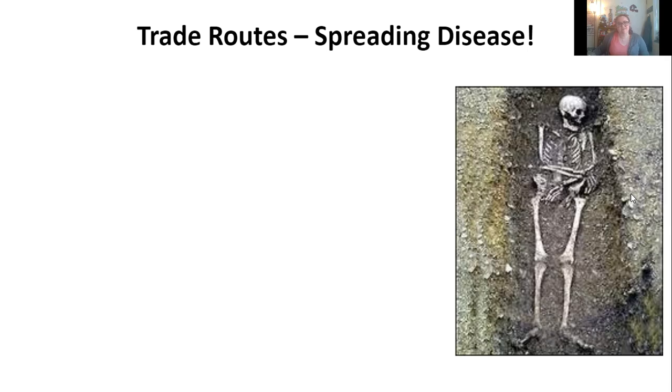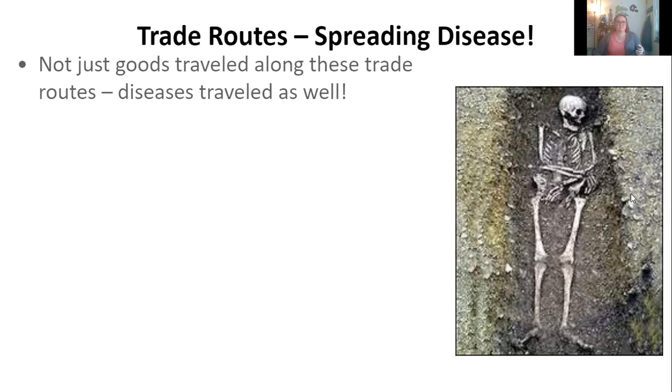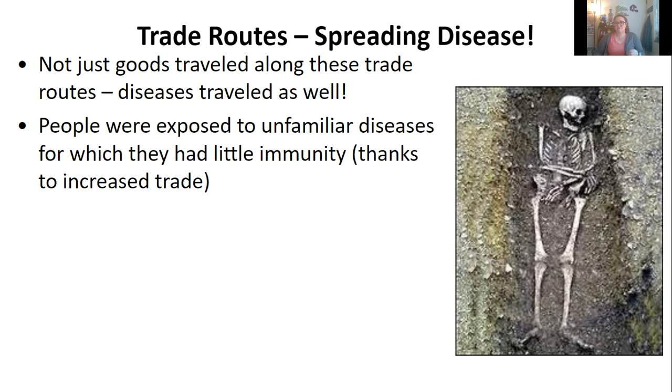So let's talk about these epidemic diseases for a second. So we know that on these trade routes, you not only saw the exchange of goods, but you also saw the exchange of diseases. Because as these areas were opened up, you saw people who were exposed to unfamiliar pathogens.